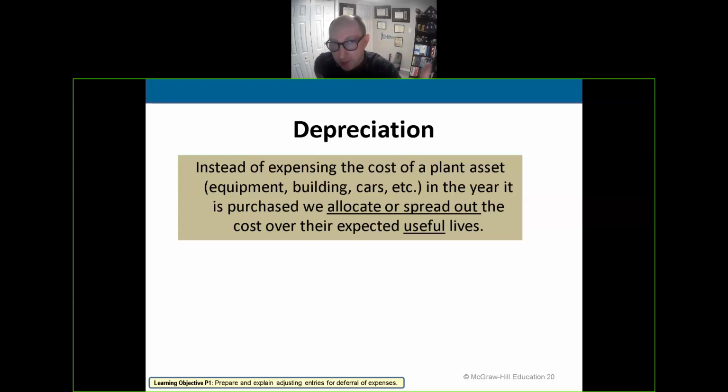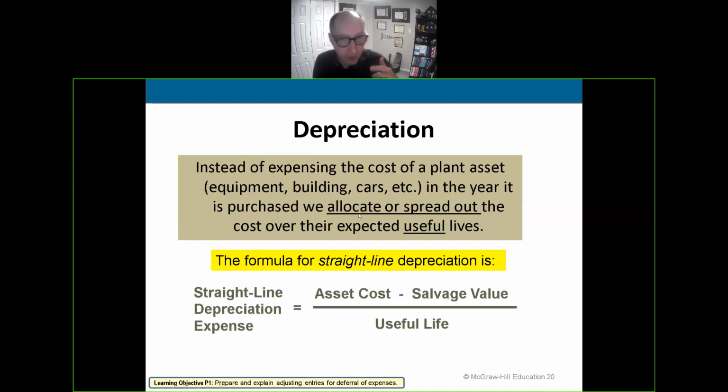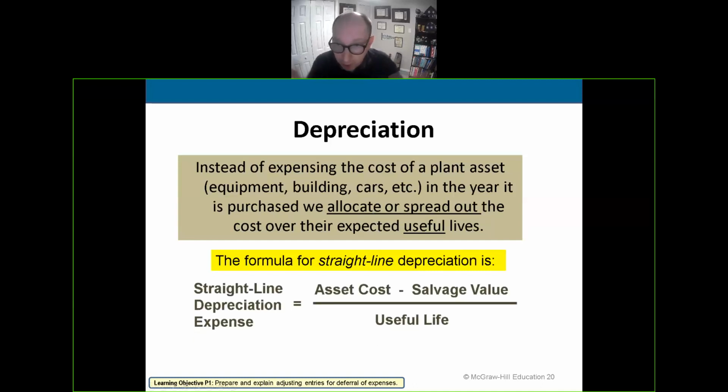When they lose their usefulness, we call that depreciation. We're depreciating the value of that equipment, buildings, cars, whatever. It's losing its value over time. So in accounting, we need to account for that loss of usefulness, and the way we do that is through depreciation.